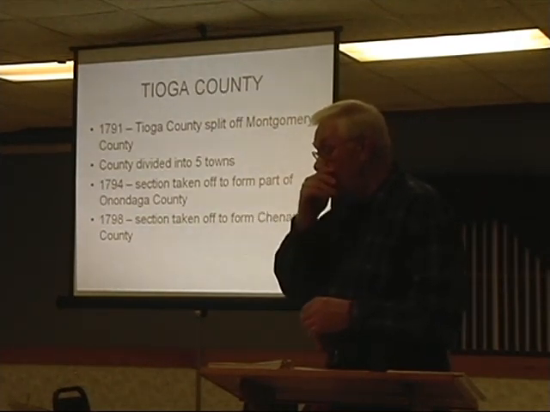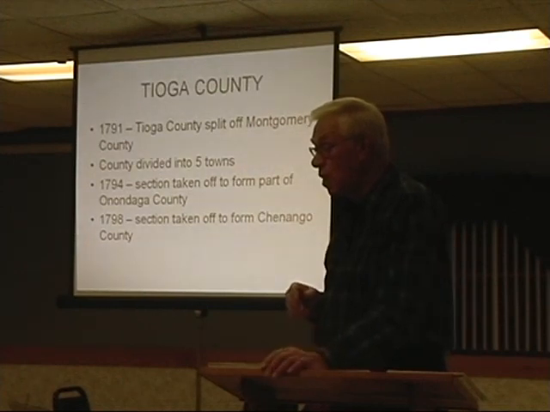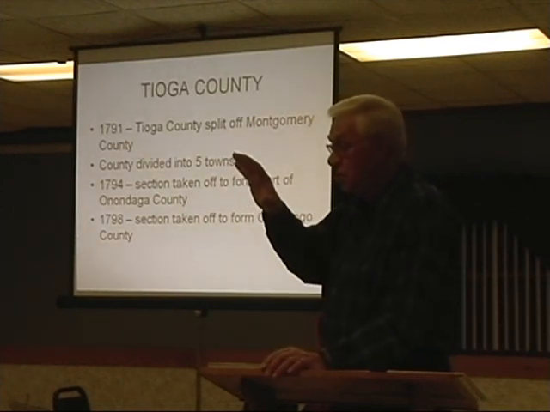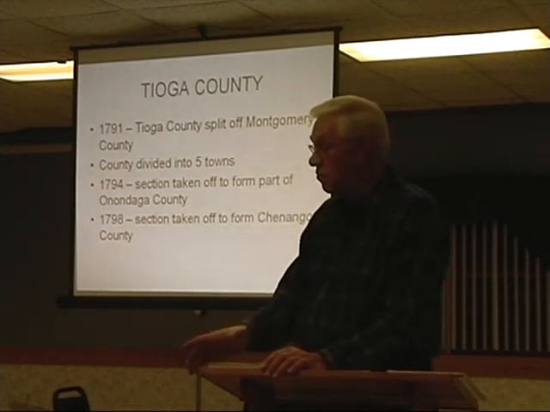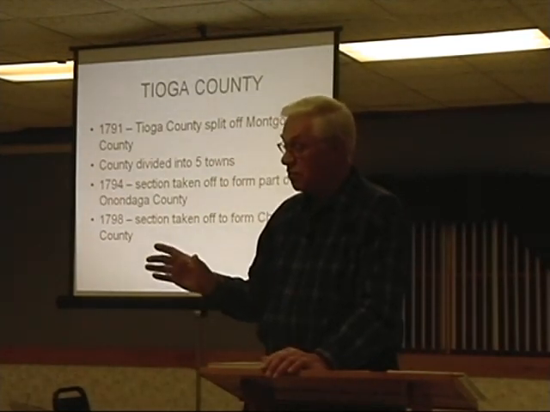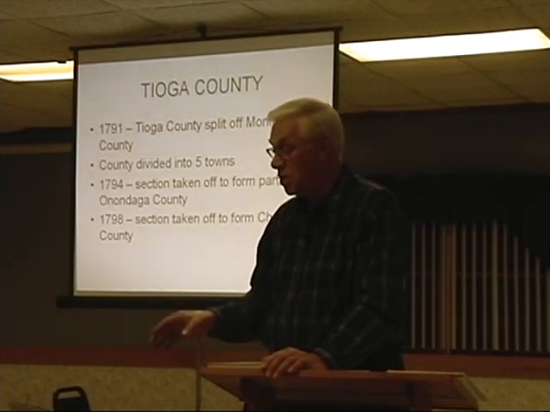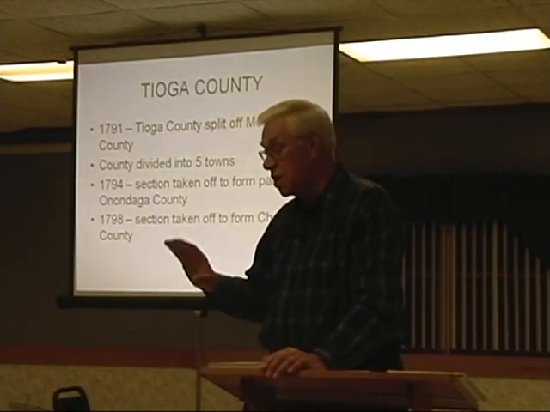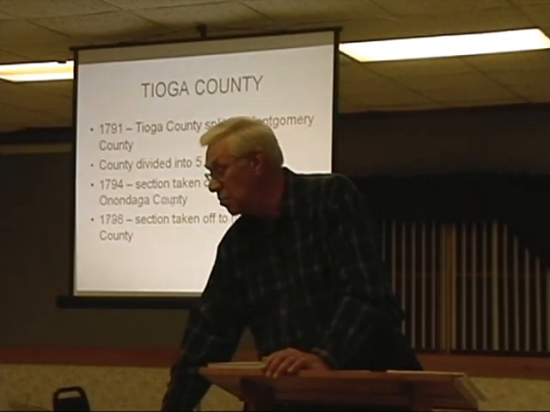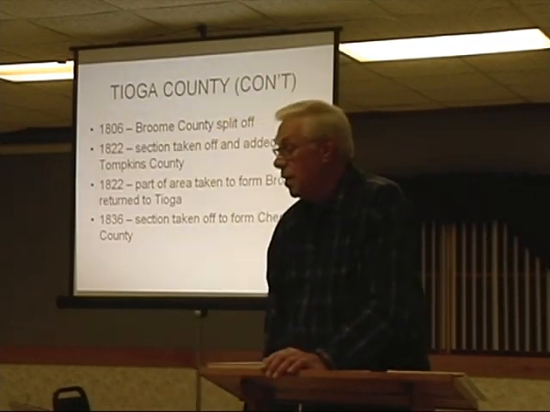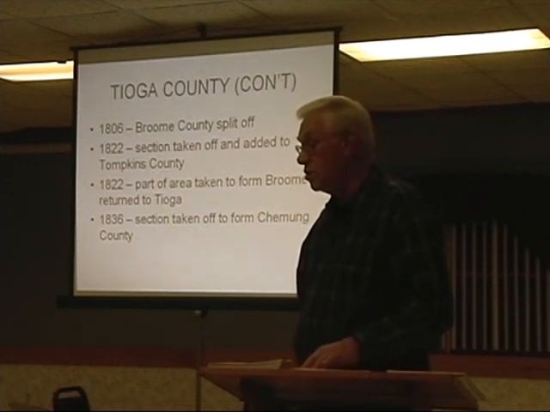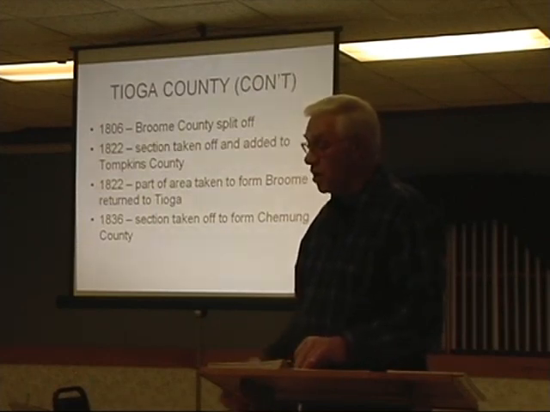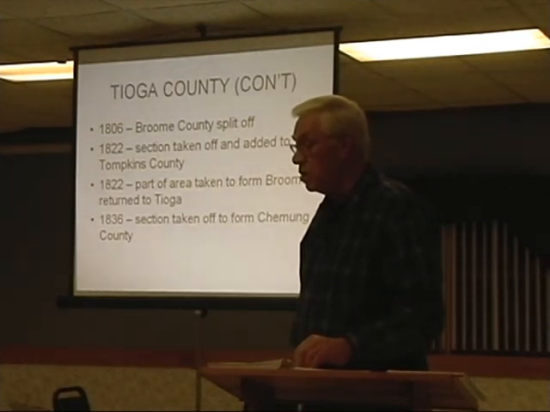And I'll show you them. And these are all of the splits off of the Tioga County. 1794, a section was taken off to form Onondaga County. 1798, section taken off to form Shenango County. 1806, Broome County was split off of Tioga County. 1822, a section was taken off to help form Tompkins County, or added to Tompkins County.